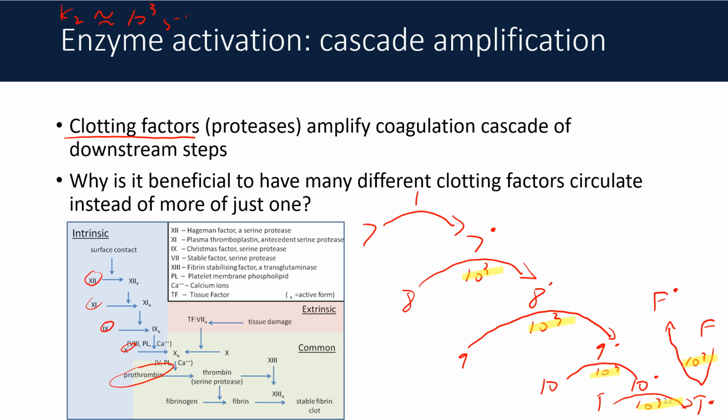Only getting 1,000, not as good. I hope you can see why it's beneficial to have so many different clotting factors circulate in this inactive state rather than just having 1 or maybe 2. If one of these clotting factors is mutated and inactive, the tiniest bruise can become lethal internal bleeding. That's what hemophilia is. It's a broken amplification cascade.